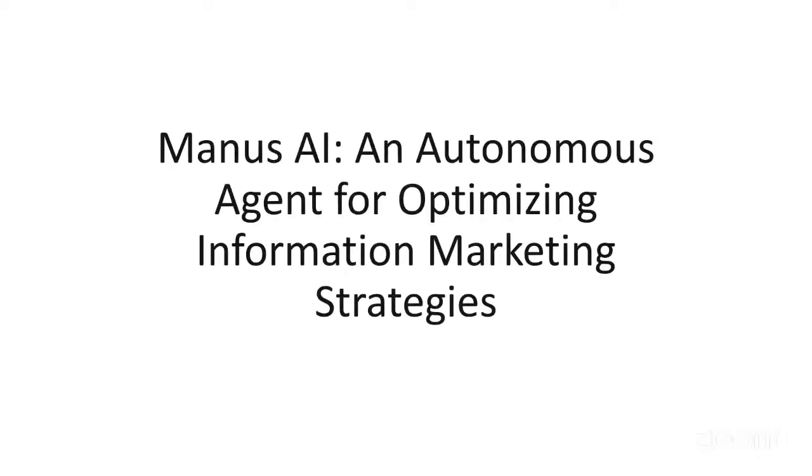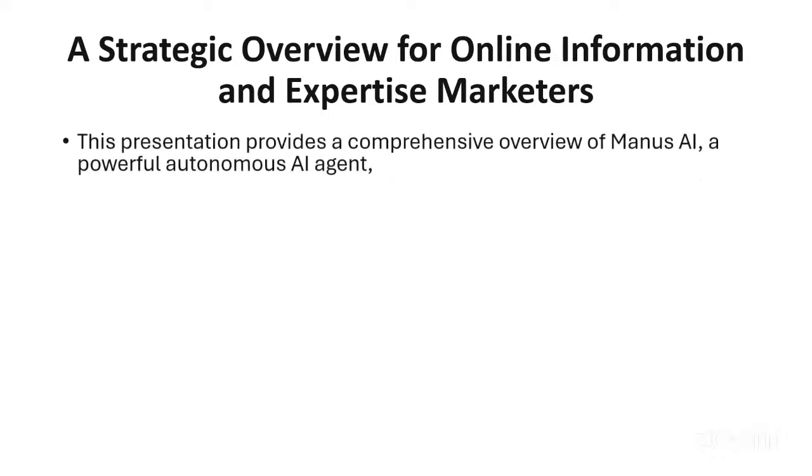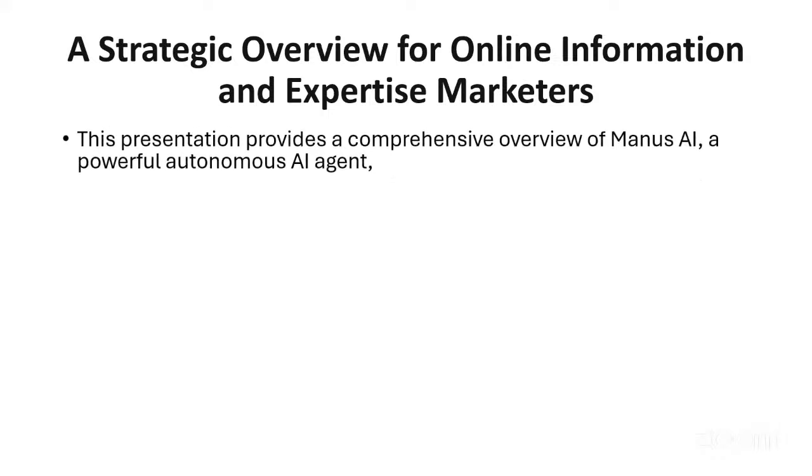We're going to be talking about Manus, a lot of buzz about this autonomous agent and how you're going to use it in your online business when you are, again, probably a content creator or a product creator, or even some way you're communicating online. Manus can help you. And I do want to talk about what we're going to be discussing.